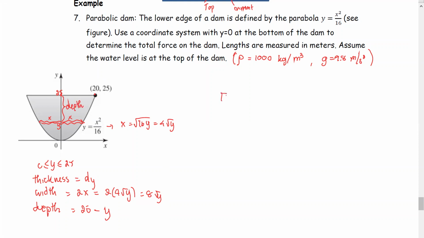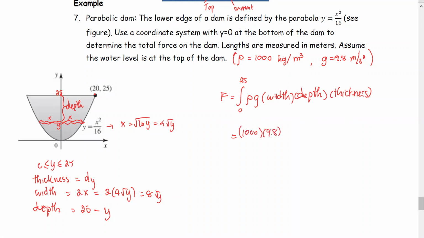The total force is the integral from 0 to 25 of rho times g times the width times depth times thickness. Rho and g are constant, which is 1000 multiplied by 9.8.